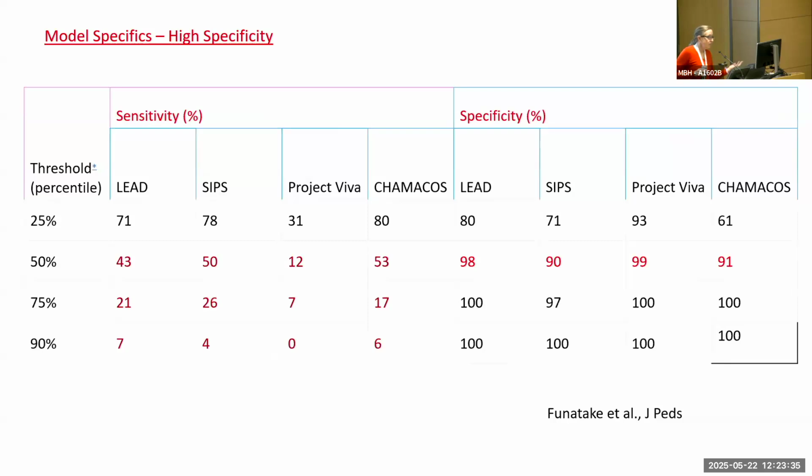And we found a similar high specificity, but low sensitivity. So the same issue that we had in our initial development was similar here. In other words, we were missing some of the positives, particularly at the high thresholds.